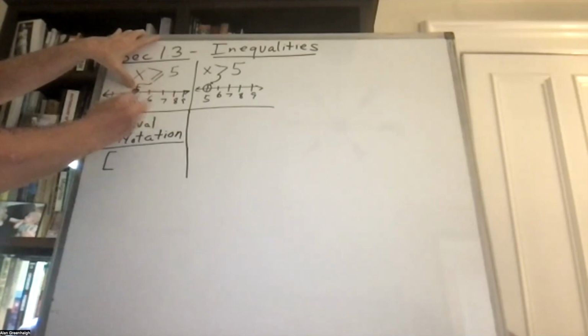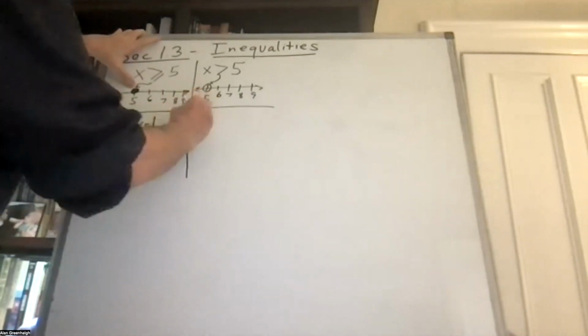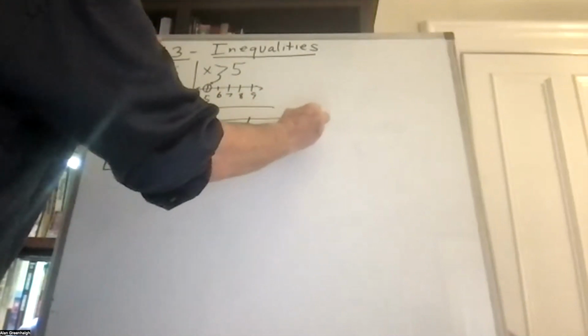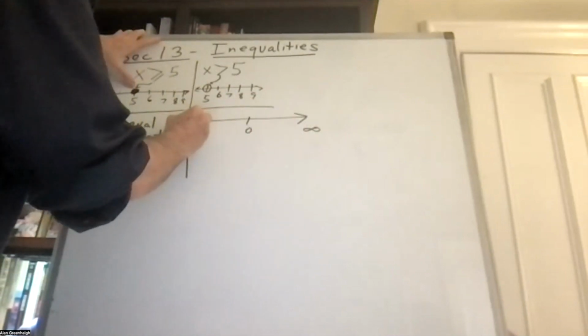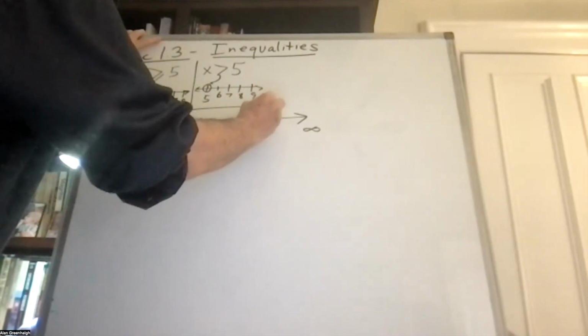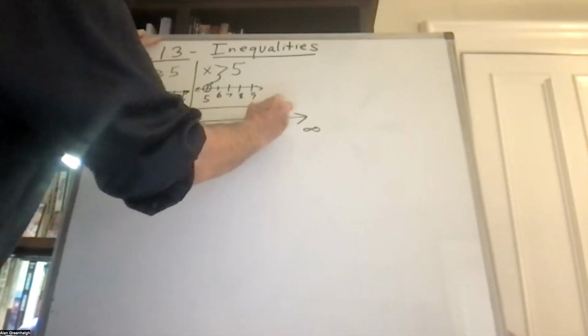And let me draw a number line the way you're going to see it in the future. This is infinity. This is negative infinity. Here's the 5. Here's the shaded in circle.